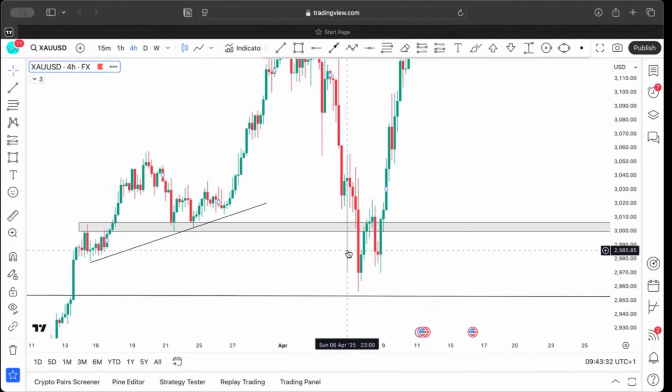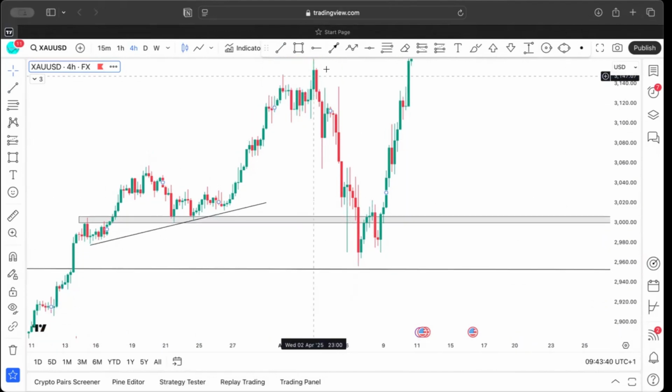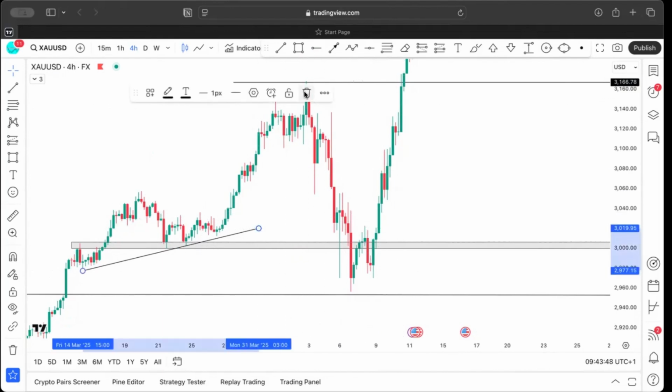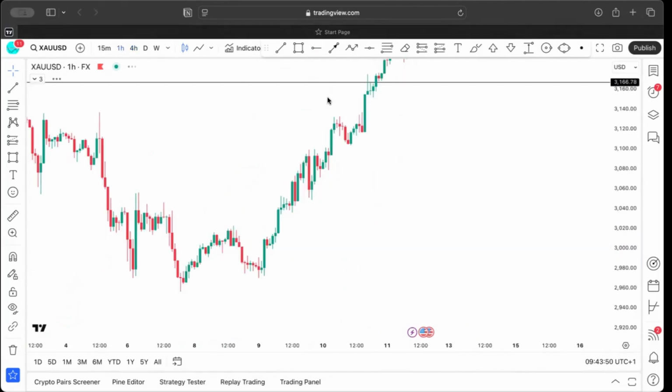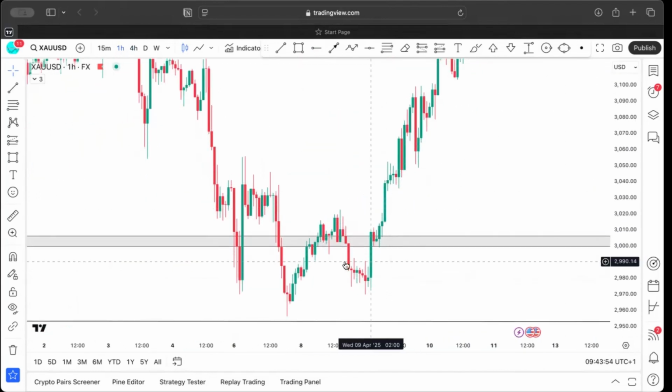So now what am I looking out for? I want to see if buyers are going to step in around this zone or pull back into this zone for me to execute my trade. Then I went into the 1 hour time frame. So now on the 1 hour time frame, I want to see how the market is doing.